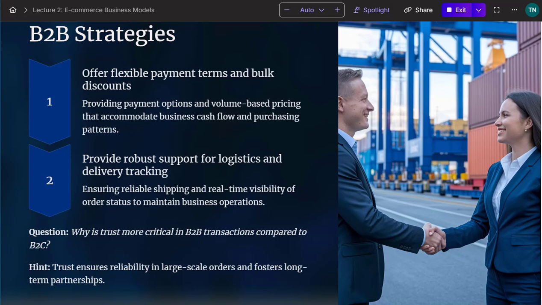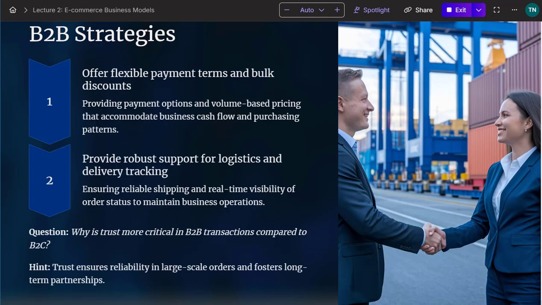Providing robust logistics and delivery tracking capabilities gives our B2B customers visibility and confidence in our ability to fulfill their orders and maintain their operations. The long-term nature of B2B relationships means that trust is critical to fostering strong partnerships over time. So for B2B strategies, we know that offering flexible payment terms and bulk discounts is important, and providing robust support for logistics and delivery tracking.